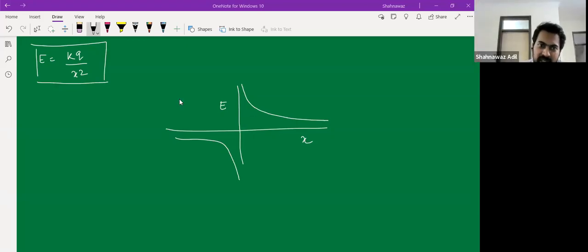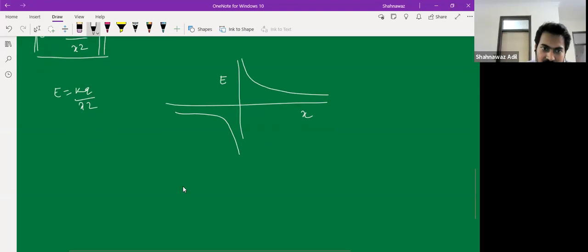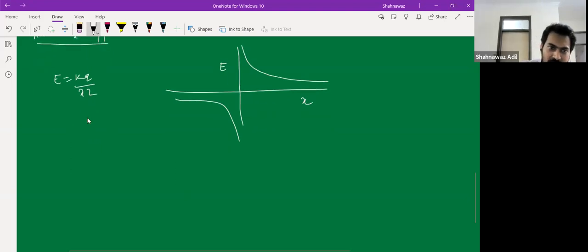So we know that this is the magnitude, KQ by x square. Let's calculate this value at the origin. At the origin, the value of x is 0, right? So something by 0 is how much, guys?